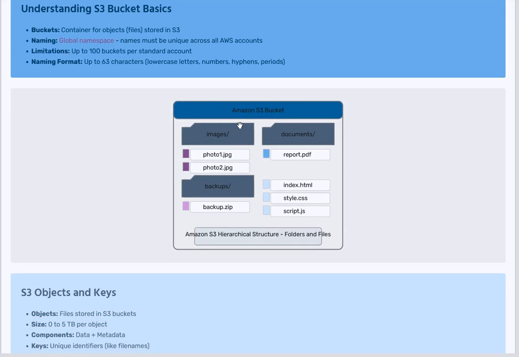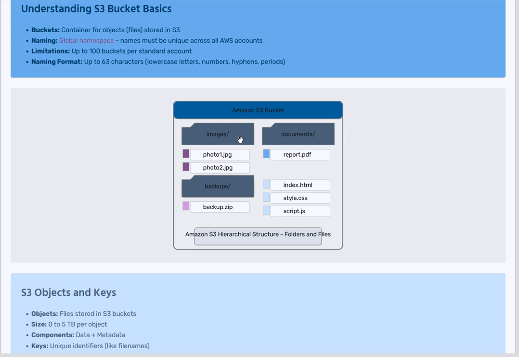Let's see the Amazon S3 bucket. So this is the bucket, right? And in the bucket, you've got three different folders here, separate files.